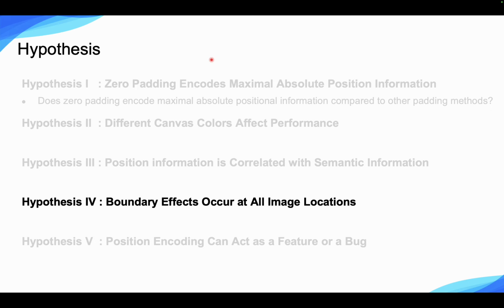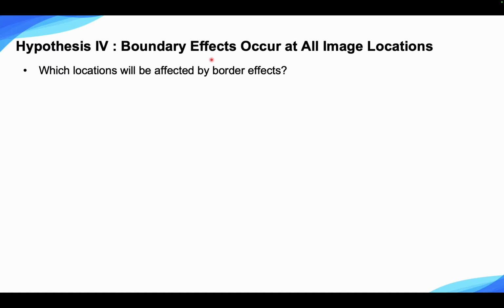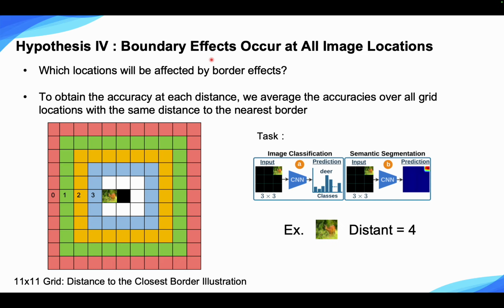And the next topic is whether the boundary effect occurs at all image locations. So we want to know which locations will be affected by border effects. And the test they use is the grid-based test I mentioned earlier.